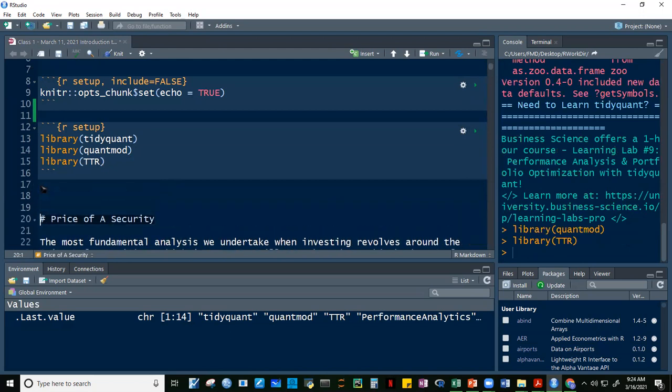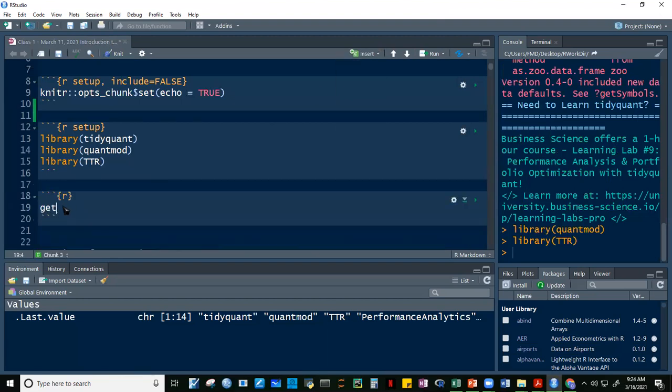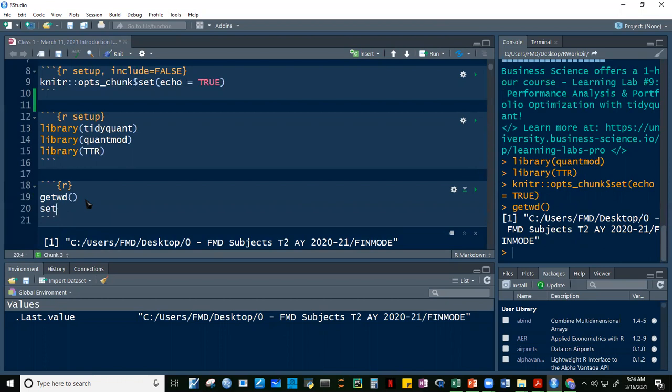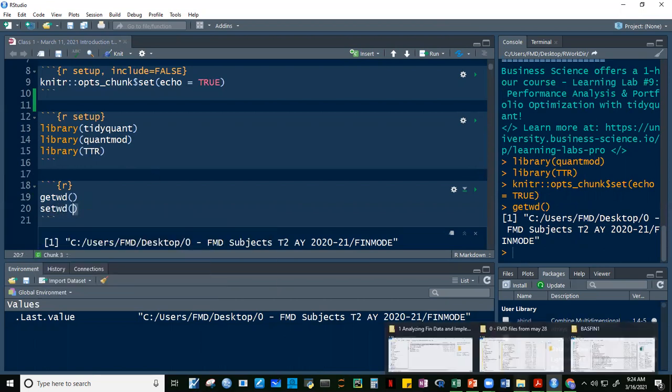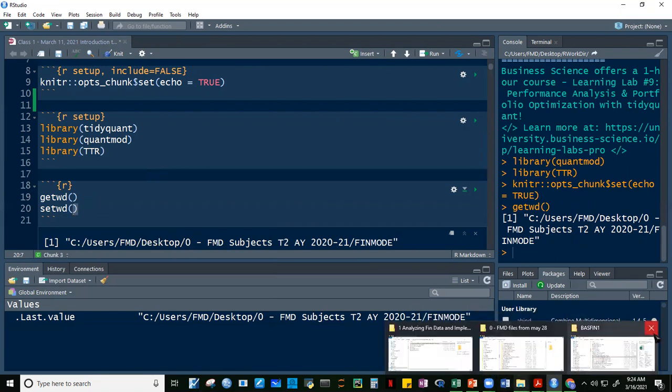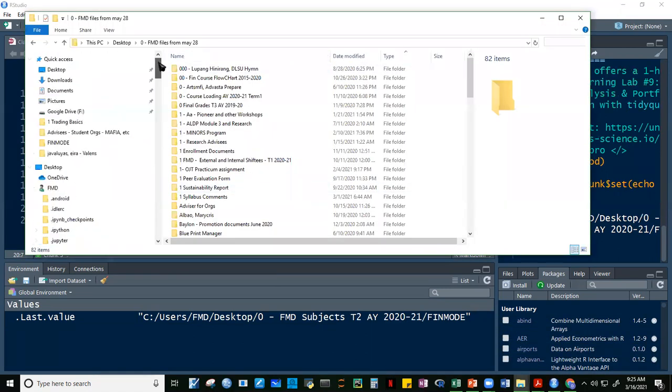Let's make sure that we're using the working directory that we want. Let me get my working directory. Okay, and let me set my working directory. I don't want that to be my working directory. Let me first look for my working directory.